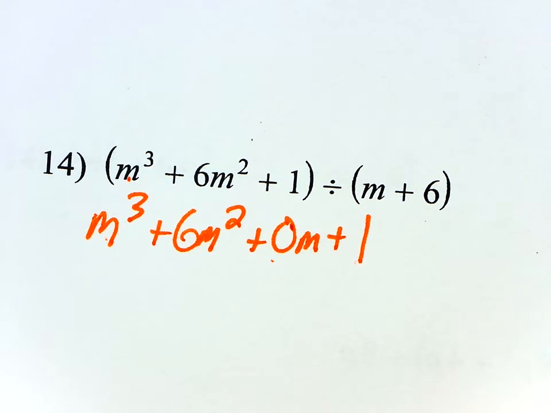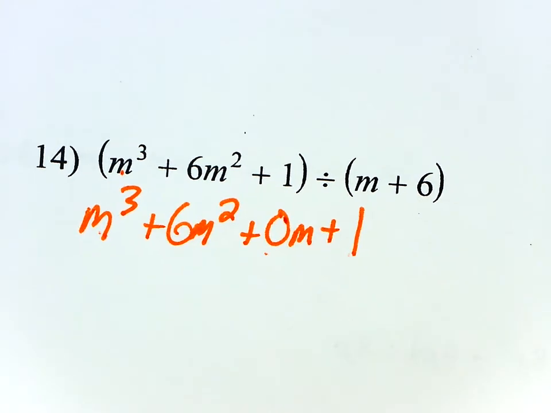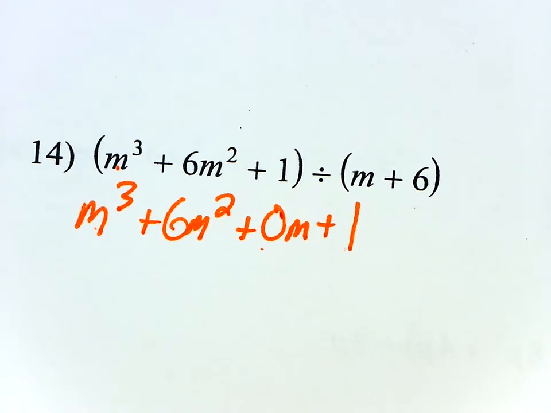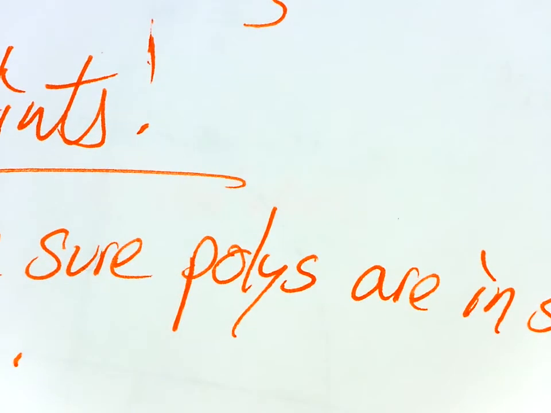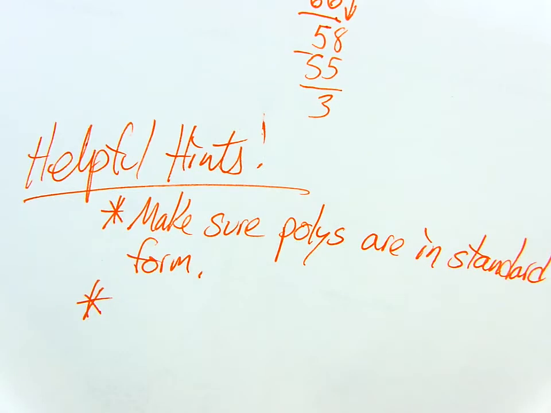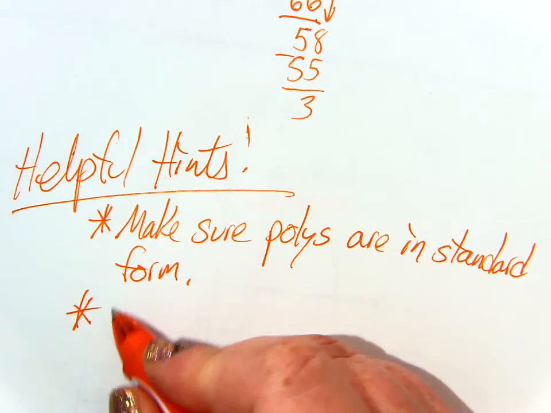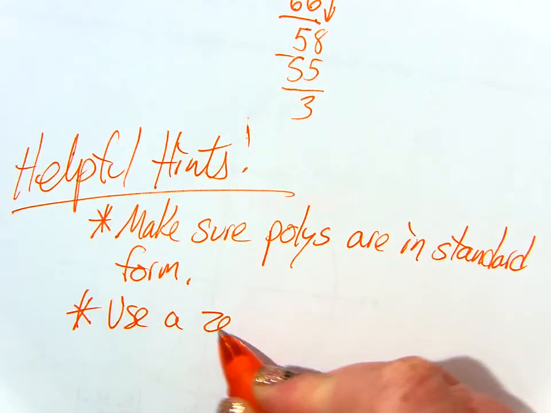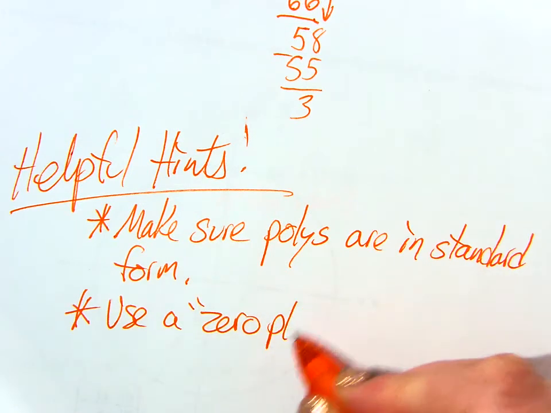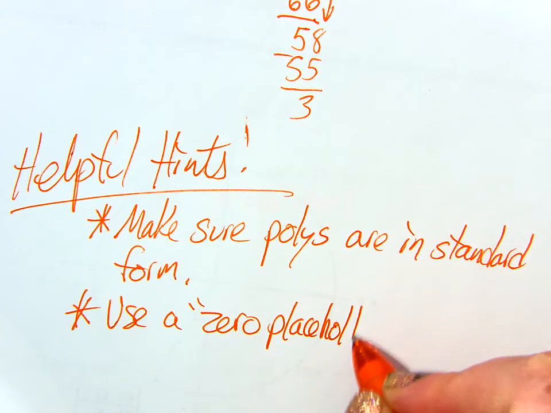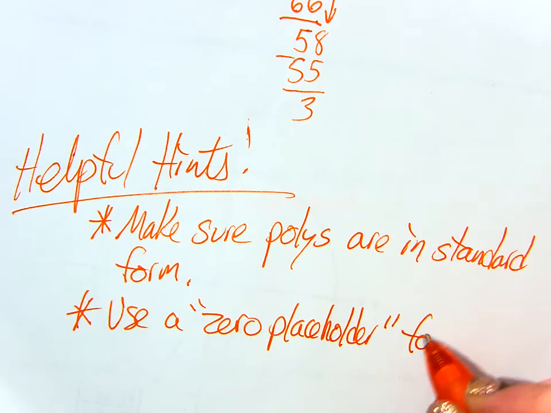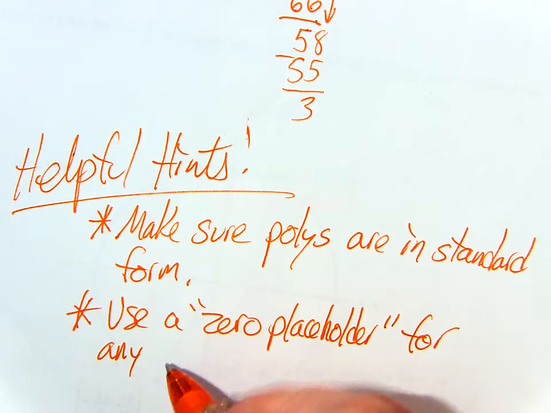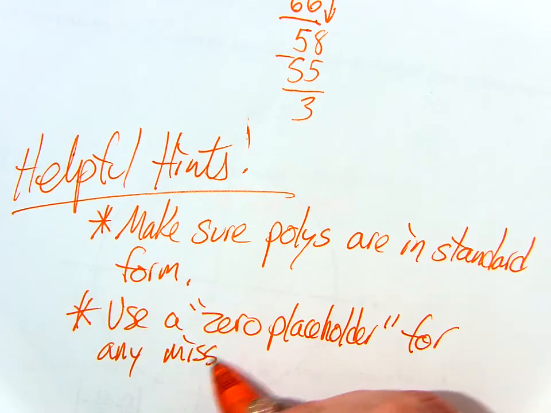Make sure that you get into the habit of checking for that right away. Most of the time you don't need it because usually there's one for everybody, but if something's missing, you've got to put it in. So I'm going to write under helpful hints: use a zero placeholder for any missing degrees.